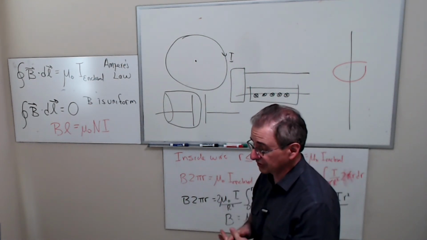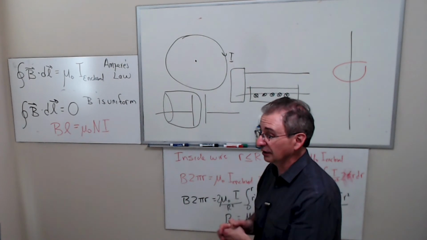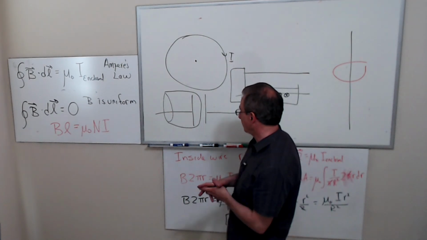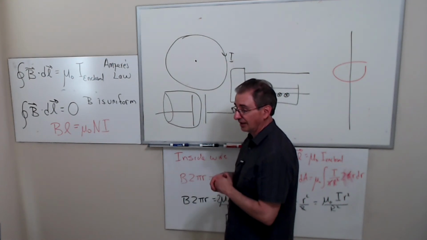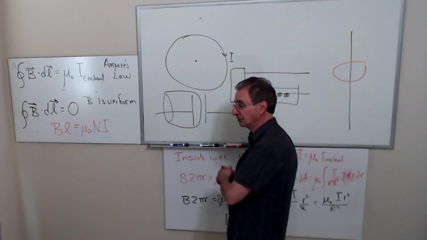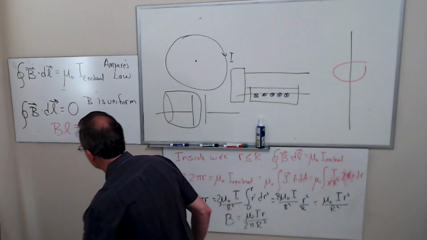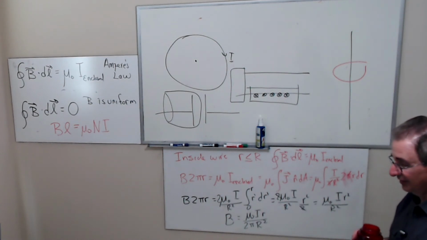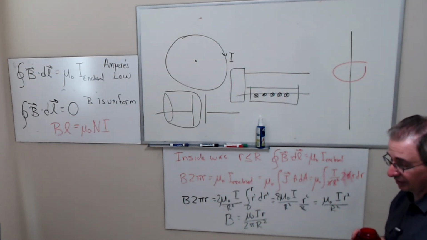Next lecture we're going to show that a time varying magnetic field generates an electric field, and then at the end of the chapter I'm going to discuss that a time varying electric field generates a magnetic field. And then Maxwell was able to put all his equations together and, basically, was able to predict light, the propagation of light.